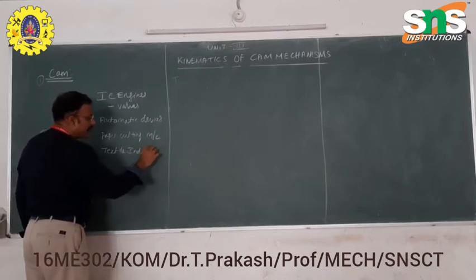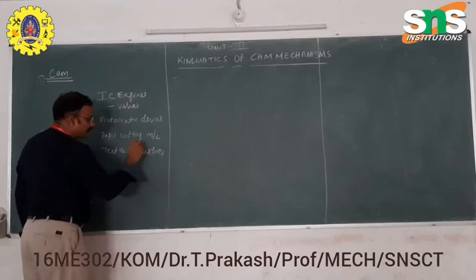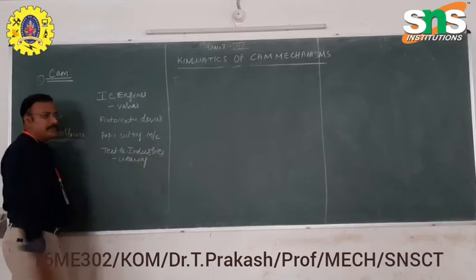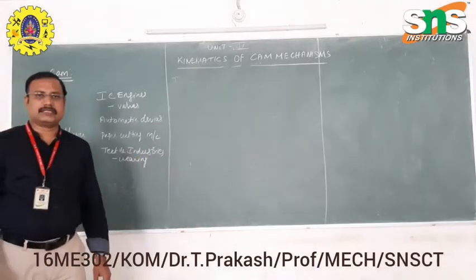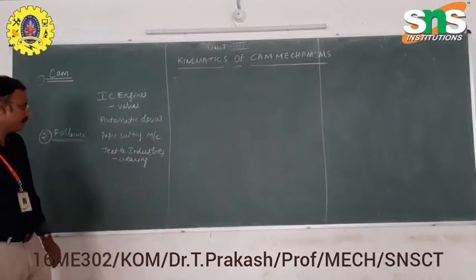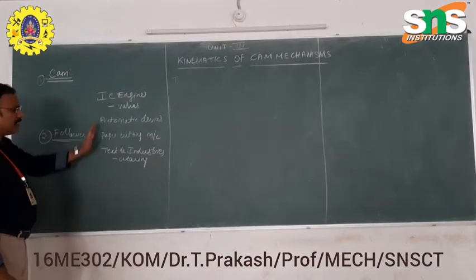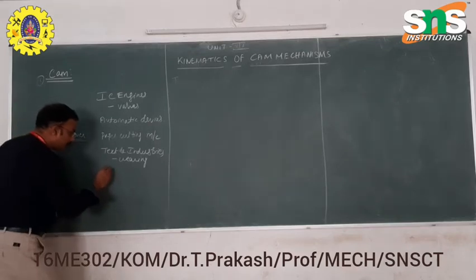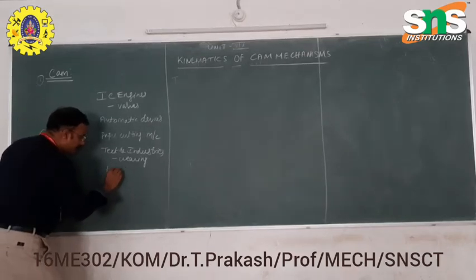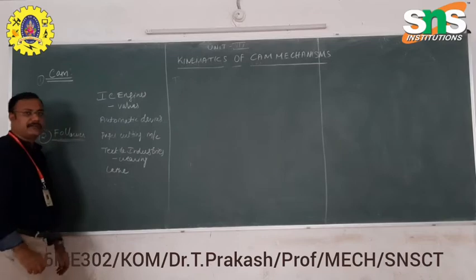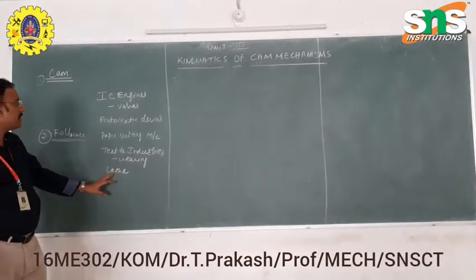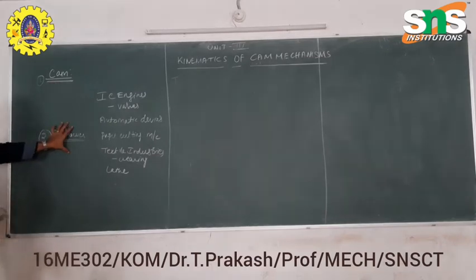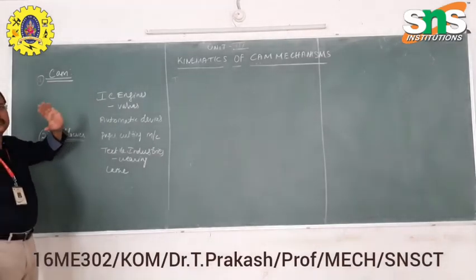In weaving and doubling we need this cam and follower operating mechanism. Textile industries, and there are n number of applications available. These are some applications, and also in the lathe we are using this cam and follower mechanism. These are the main applications of cam and follower.